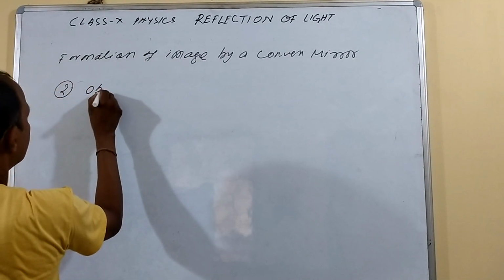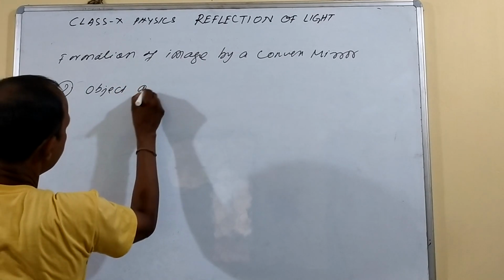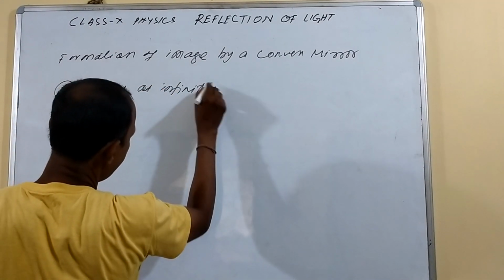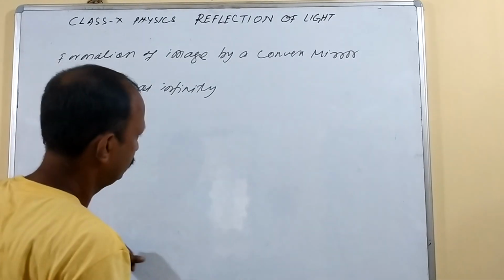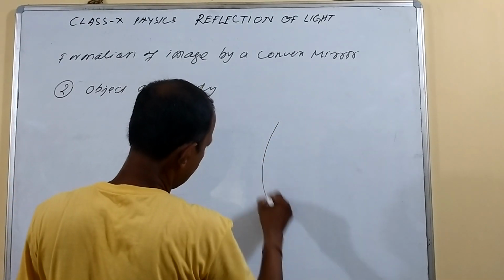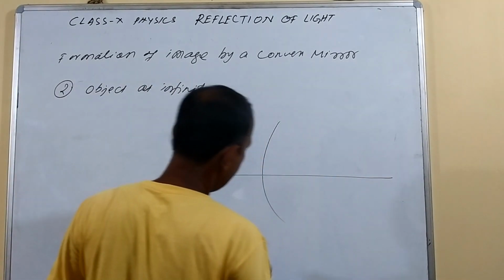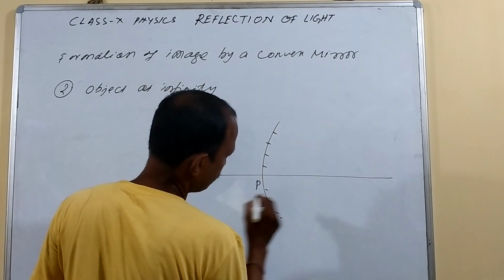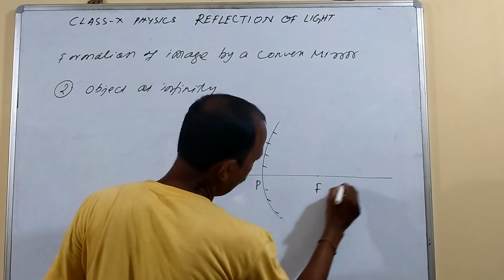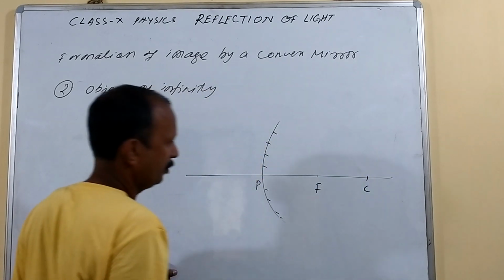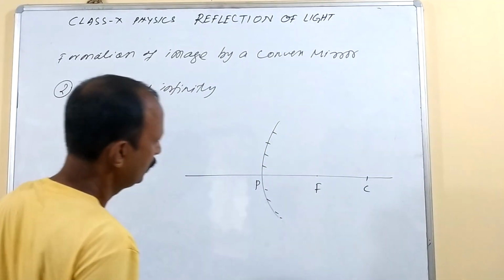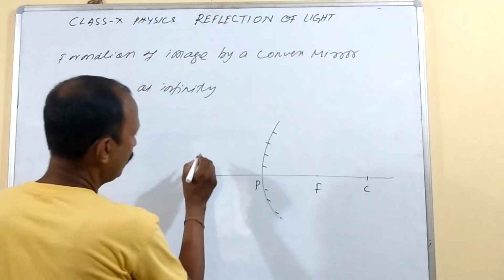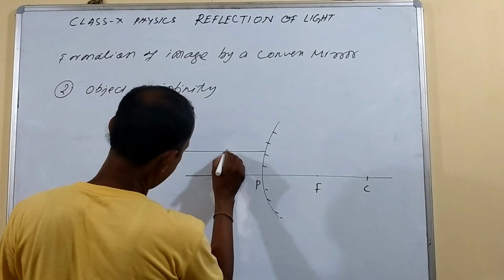Second is object at infinity. So this is the mirror, pole, back side of the mirror, focus, center of curvature. Suppose the object is at infinity, one light ray comes parallel.